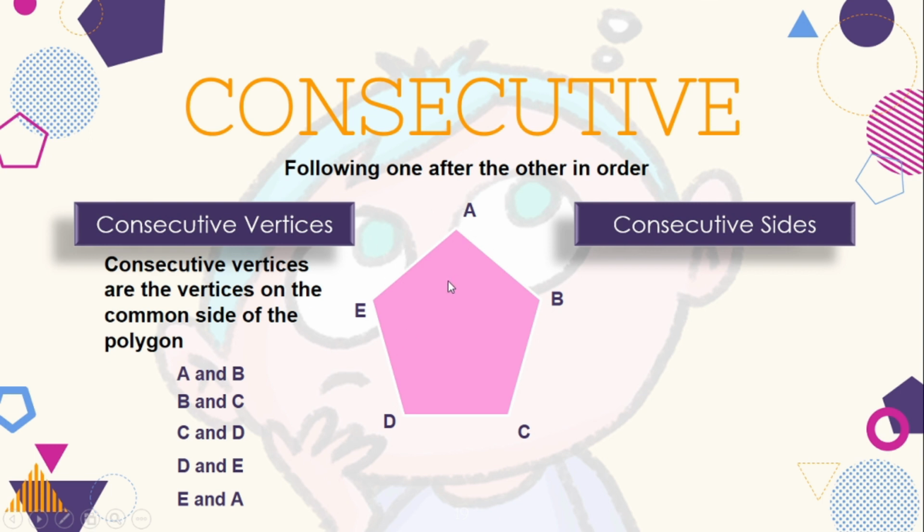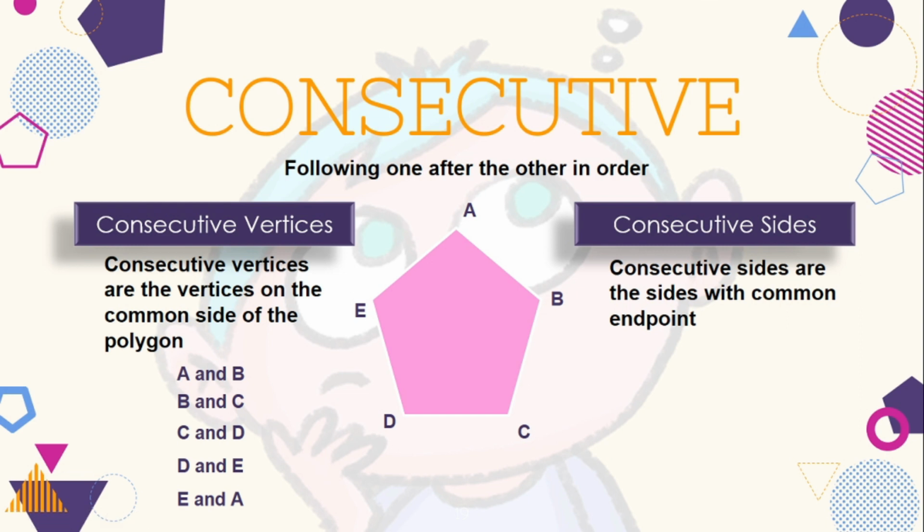Next is we have the consecutive sides, meaning to say these are the sides with common endpoint. Okay? Sides daw siya na may common endpoint. So let's have the first is AB and BC. So I have side AB and side BC. Mapapansin natin magkasunod na side, consecutive side. And they share common endpoint, which is yung B. Okay?